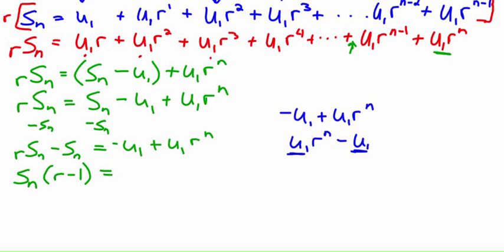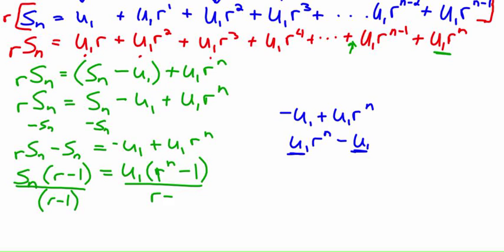So when I factor out my u of 1, going back over here to the left, I'm going to have u of 1 times r to the nth power minus 1. Okay, so ultimately what are we looking for? We're looking for the formula for the sum of the geometric series. So I'm going to divide by r minus 1.